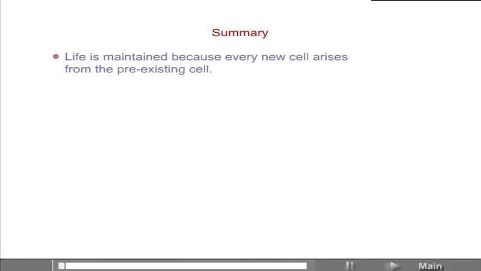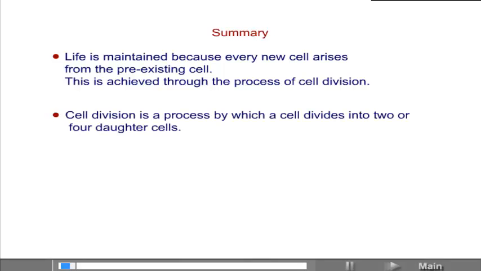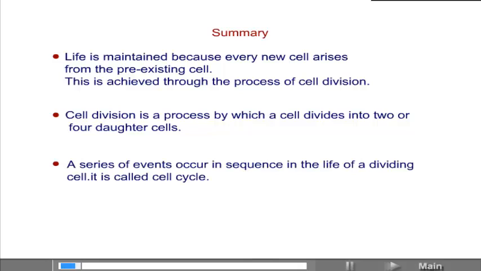Summary. Life is maintained because every new cell arises from a pre-existing cell. This is achieved through the process of cell division. Cell division is a process by which a cell divides into two or four daughter cells. A series of events occur in sequence in the life of a dividing cell.